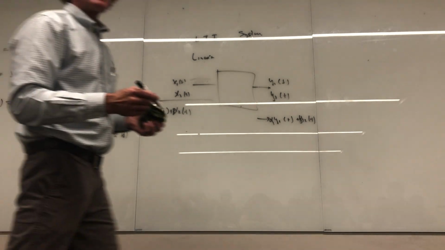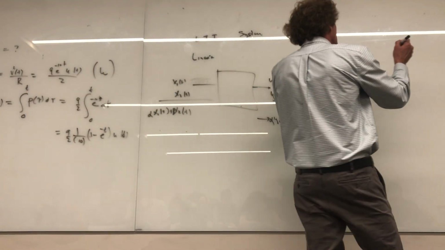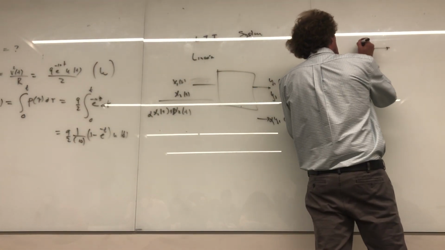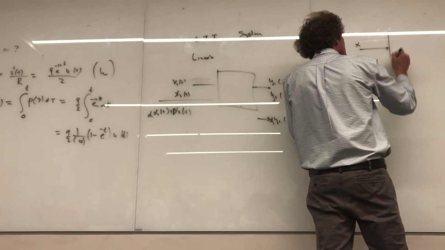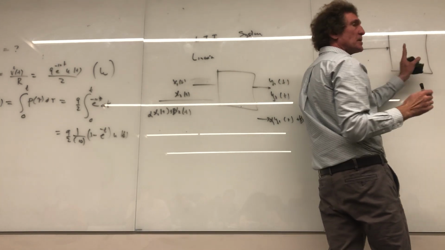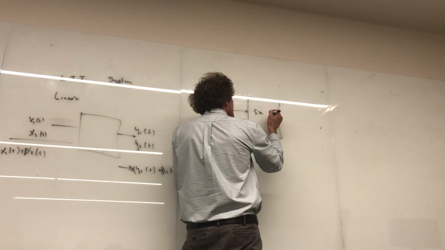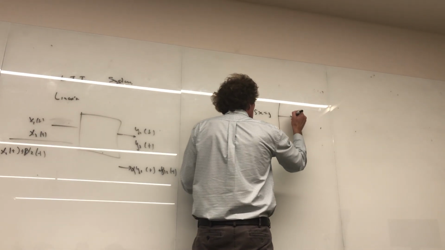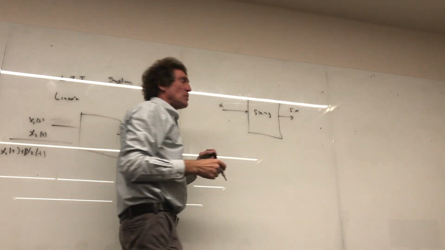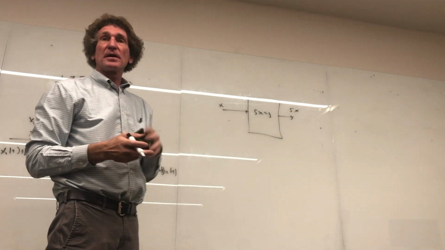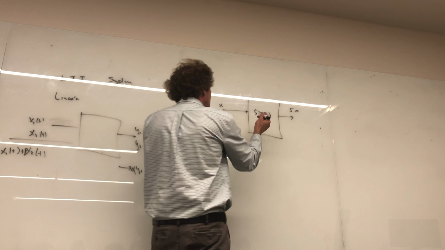So an example of a linear system: if I have, this is my input, inputs are usually called X, and this is what the operation is. Suppose this is going to be 5X will be Y. So my output is 5X. Well, I can tell you it's linear, but here's how you can actually prove it. Let X be 1.